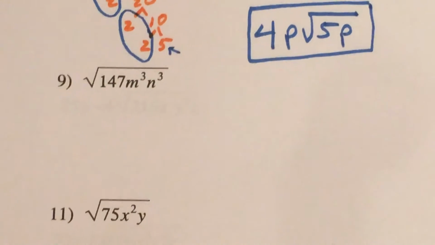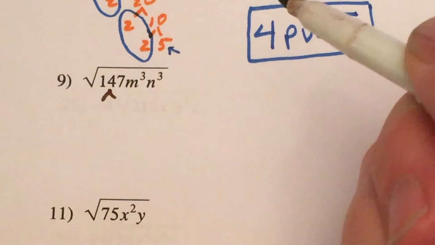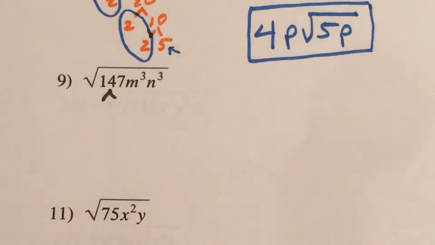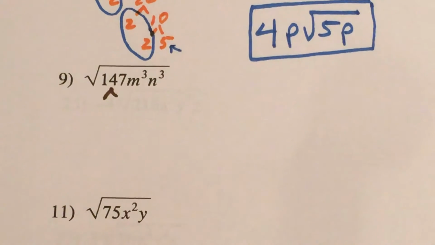Are you starting to get some skill? Are you starting to build some confidence? I hope so. All right, let's look at this one. 147. What do you think goes into that? Not a lot. What am I doing?